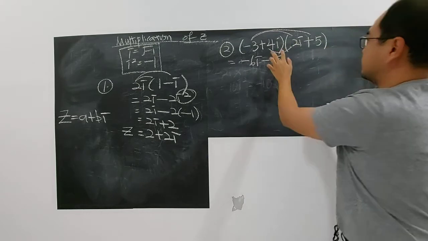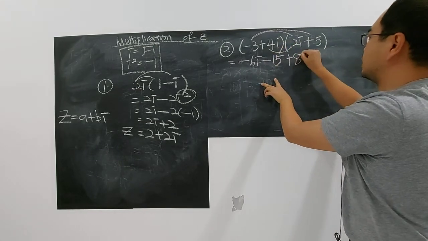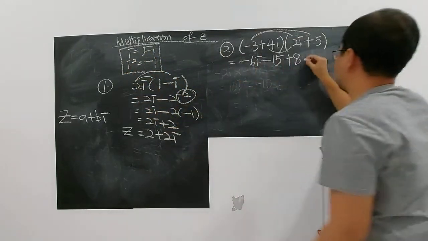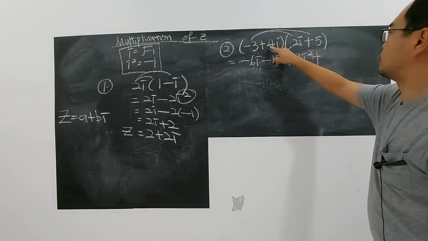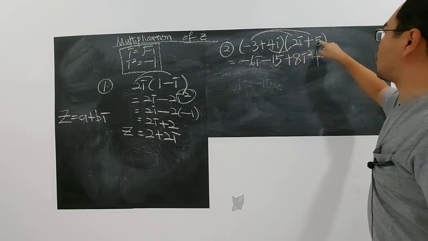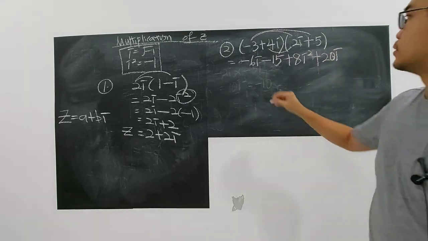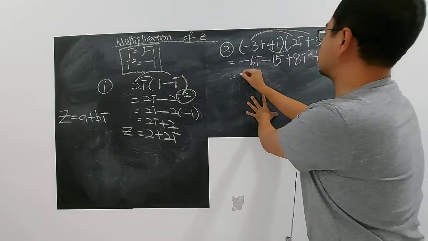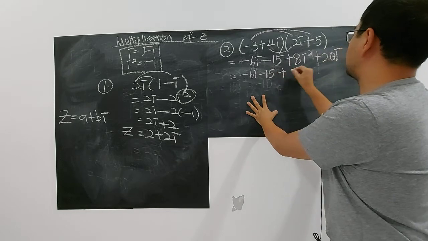Now go for the second. 4i times 2i, positive 8 i squared, plus 4i times 5, 20i. So now you have negative 6i, negative 15, plus 8 i squared.